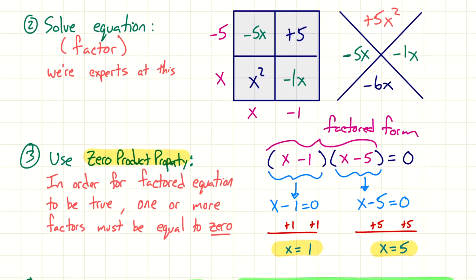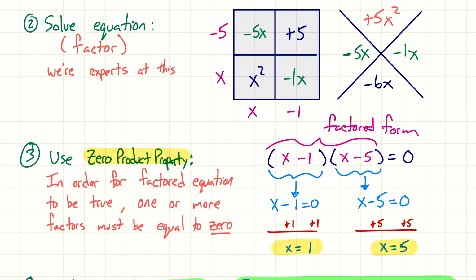Since we don't know, what we need to do is take each of these factors and split it up into two problems. The first one, you'll notice I put x minus 1. That's the first factor, and I'm going to set that one equal to 0. The second one, x minus 5, I'm going to make its own equation, x minus 5, and set it equal to 0.